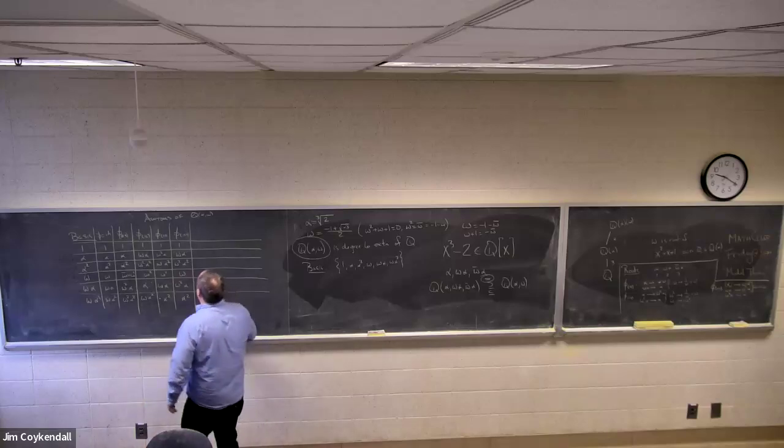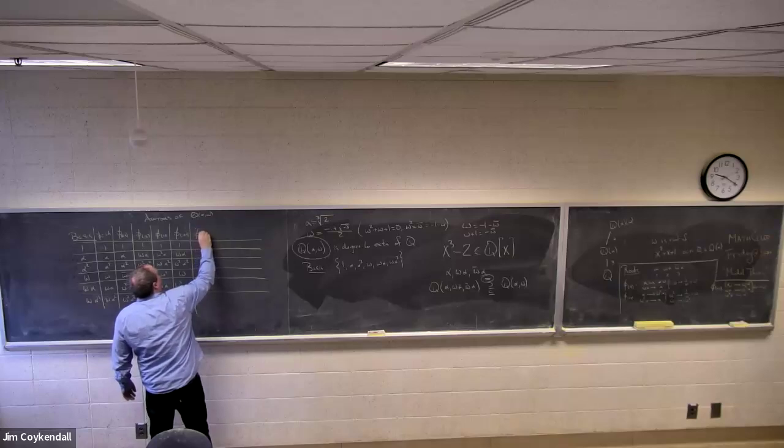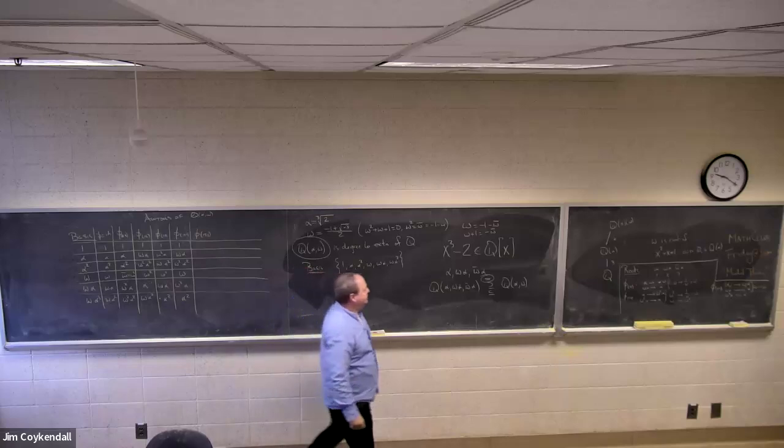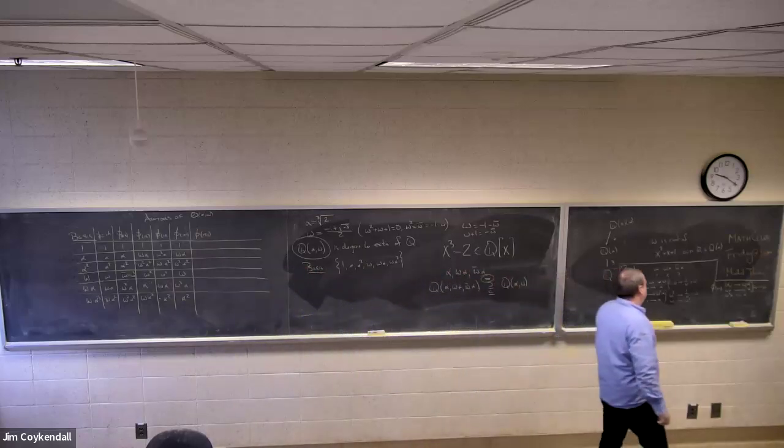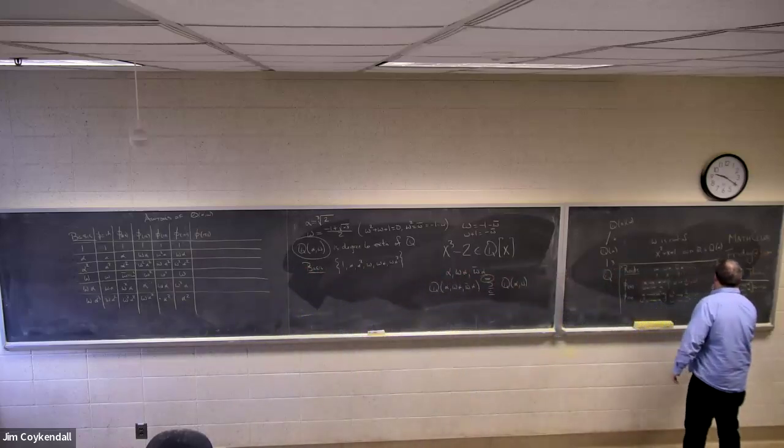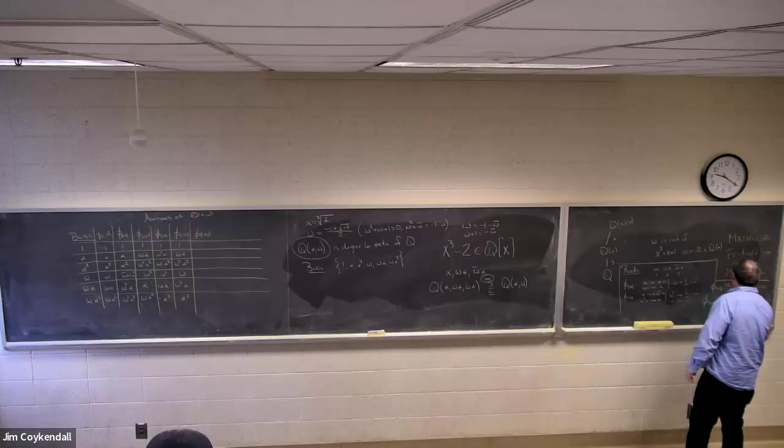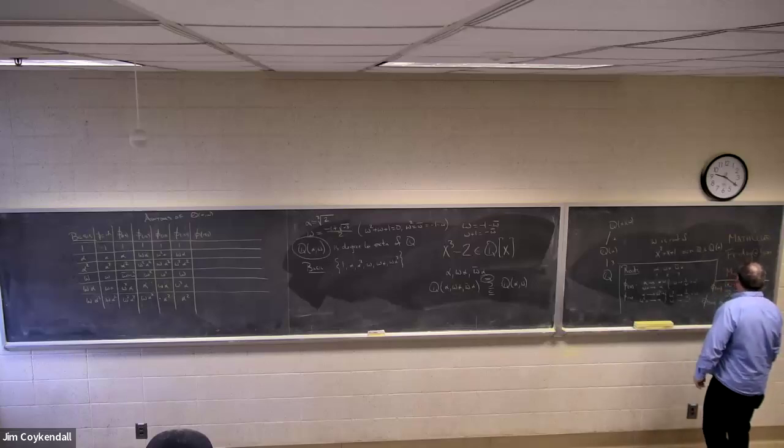The last possibility for permutations is the inverse of this one. This one takes alpha to omega squared alpha, omega alpha.